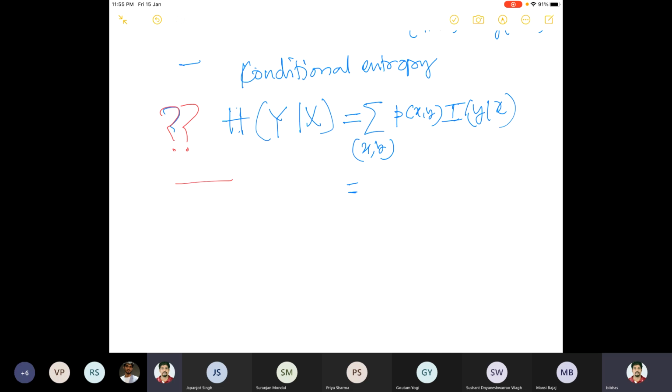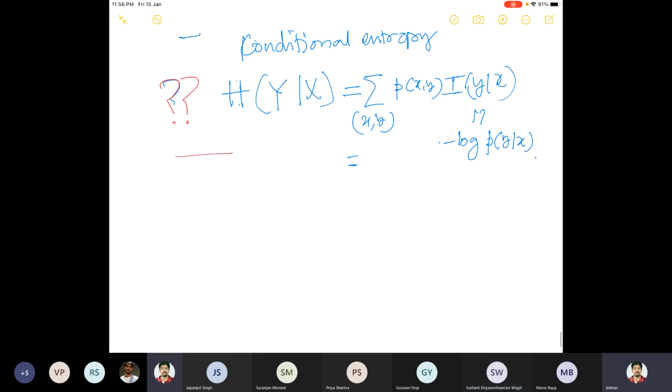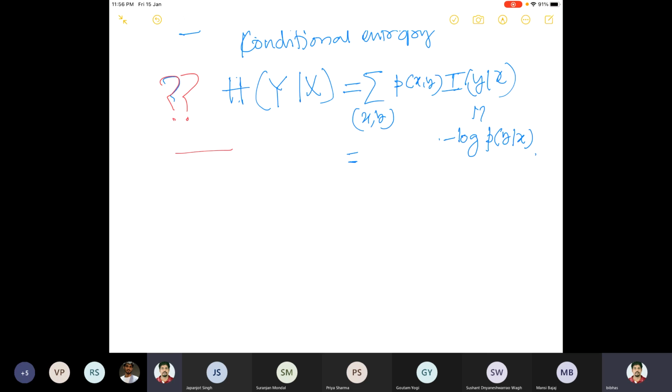Okay, what is Y given X? What is the meaning? That is minus log p of y given x. Yeah, so this is fine. This is our definition from yesterday.